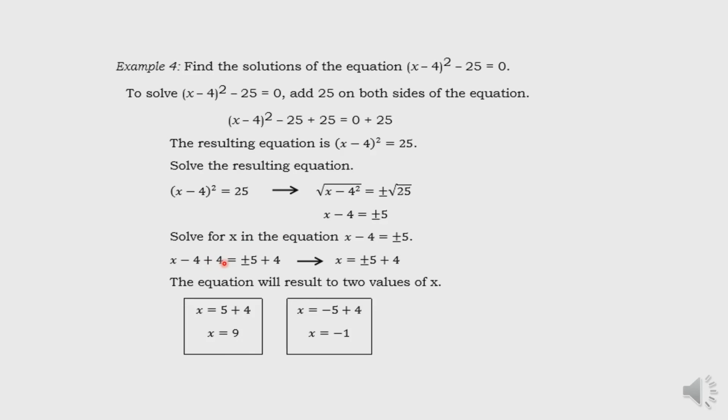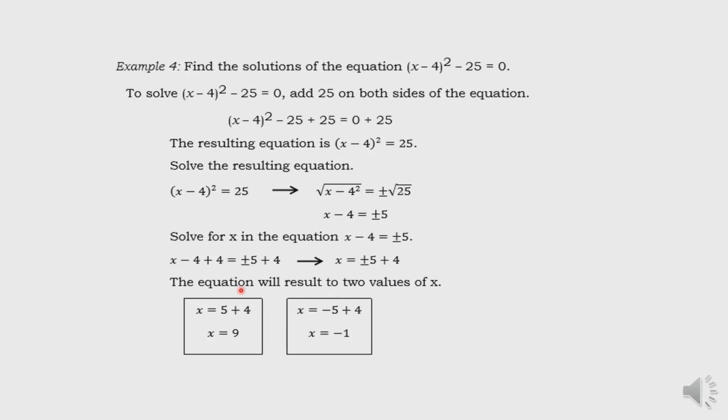So solve for x in the equation. Again, applying the properties of equality, add 4 to both sides to make the left side just x. So we have x minus 4 plus 4 equals plus or minus 5 plus 4.